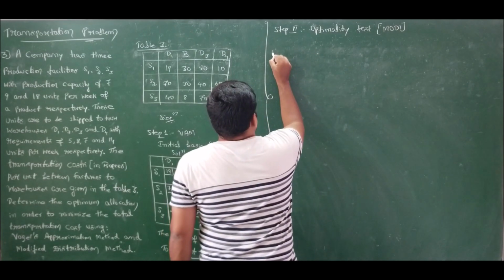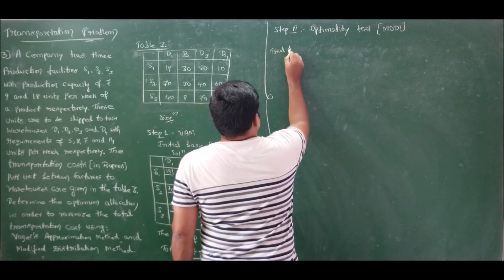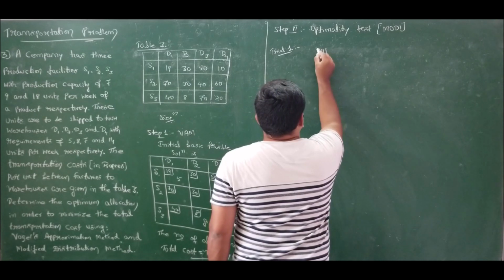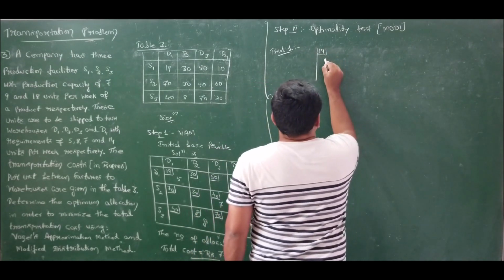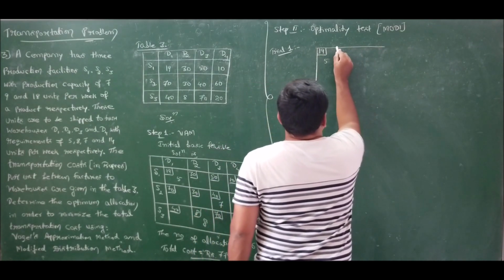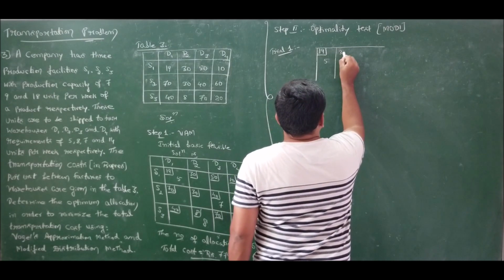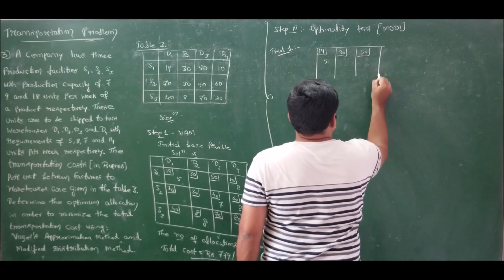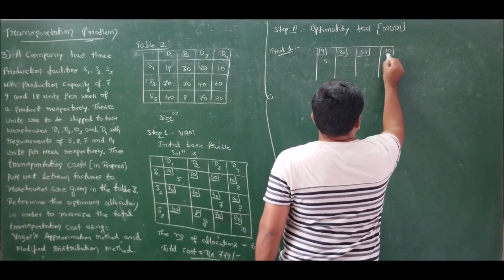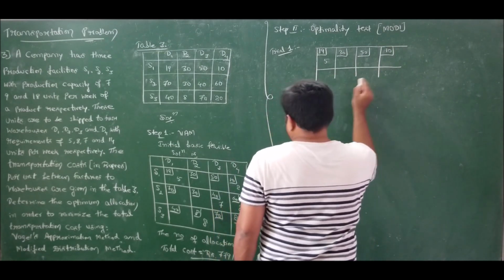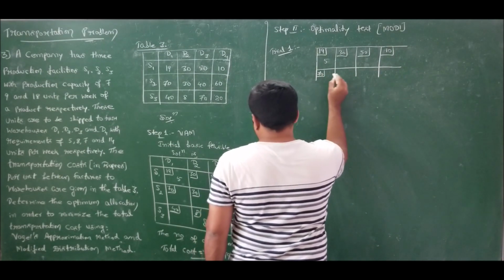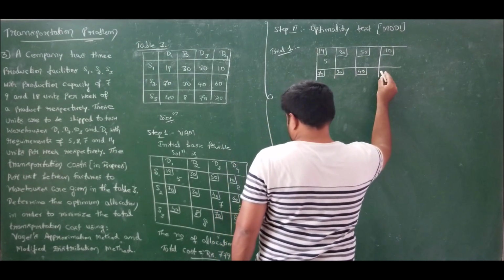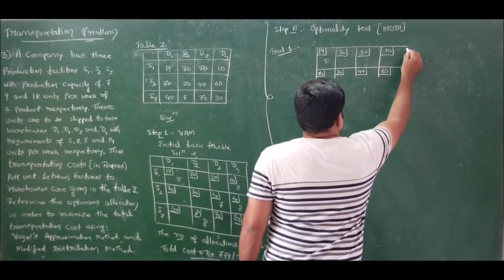We have in trial 1, so write down only the cost matrix with allocations. 15, allocation is 5. Next we have 30. Next we have 50, and then we have 10. Here we have 70, cost is 30, then we have 40 and 60.